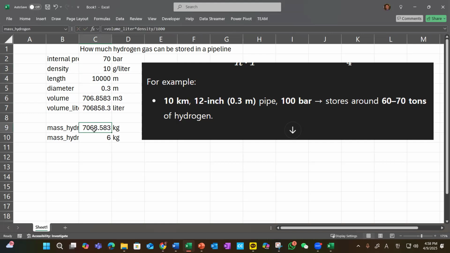Now they give us 7 ton. And how come they give us 70 tons?